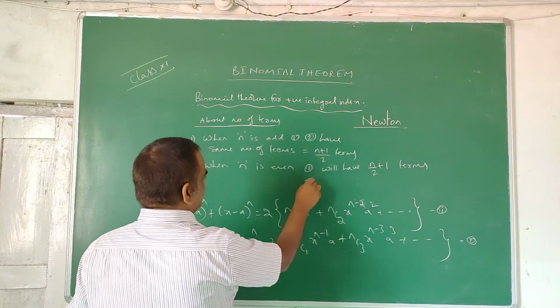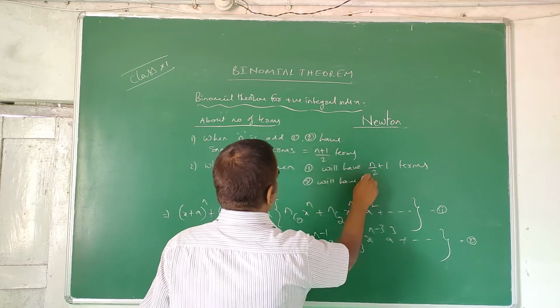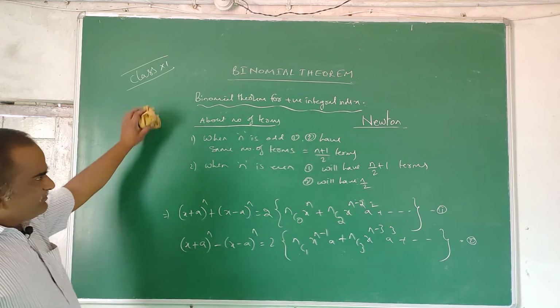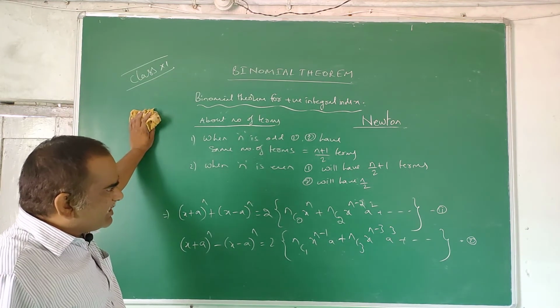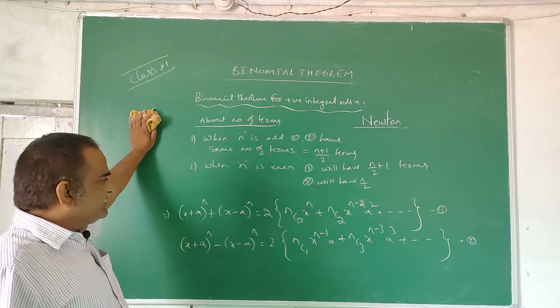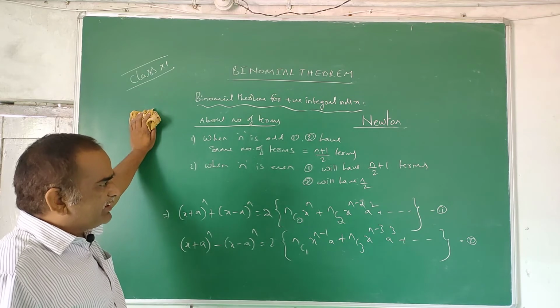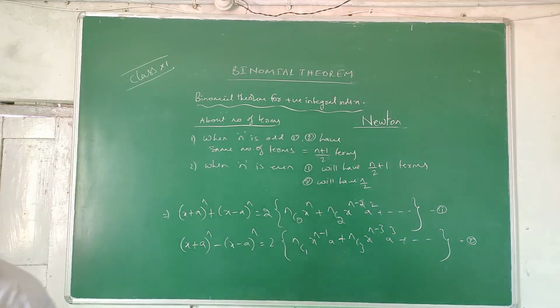And the second expansion will have n by 2 terms. So this is the most important point that you have to remember. If n is odd, both 1 and 2 have the same number of terms, n plus 1 by 2. When n is even, the first expansion will have n by 2 plus 1 terms and the second expansion will have n by 2 terms.